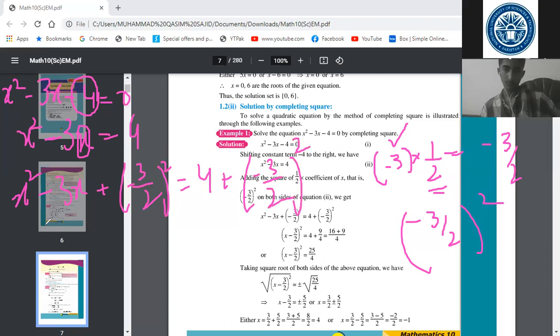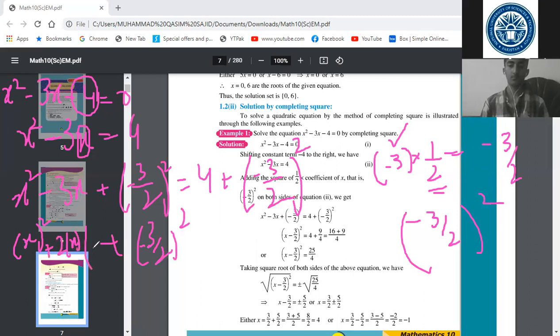So this must be a square plus b square minus 2ab. For example, 2a value is x and the b value is minus 3 upon 2. So this 2 will cancel out with this 2, and the answer must be minus 3x. This is the verification.